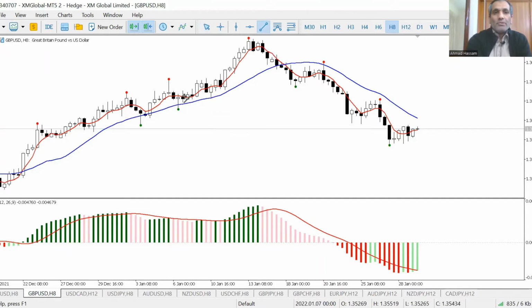For example, here you see the distance is short. Here the distance is increasing. So when the distance between moving averages increases, we have a green line. And when the distance between the moving averages decreases, we have a red line.